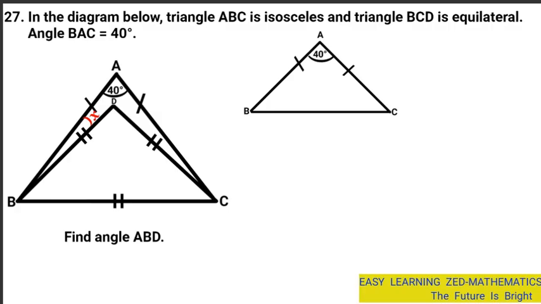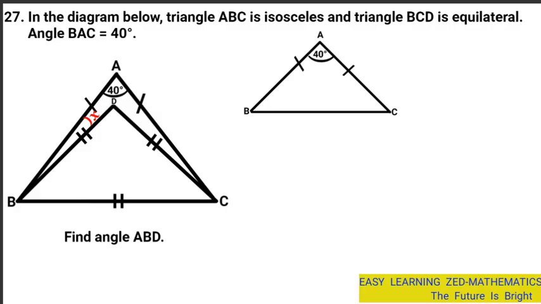So this is the triangle. You can see the side AC and the side AB are equal. That's why you can see those short lines crossing them. Now we come to the second triangle.